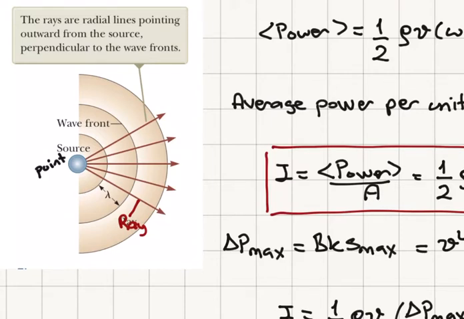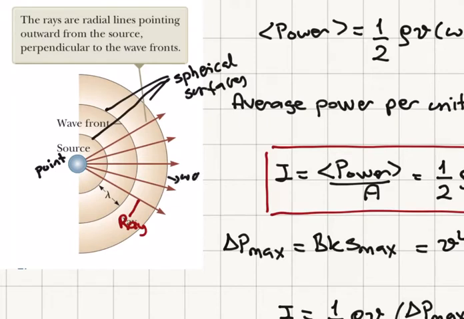All such points in space that are equidistant from the point source, with the same phase relationship between the waves, form spherical surfaces. These shapes are called wavefronts.